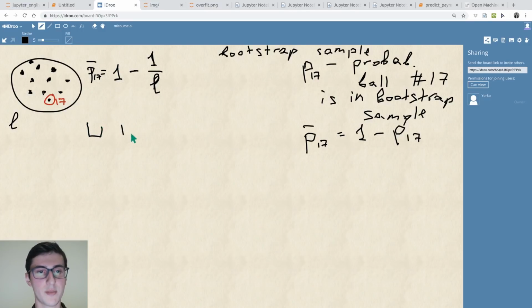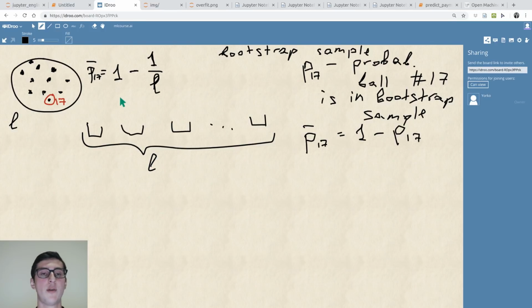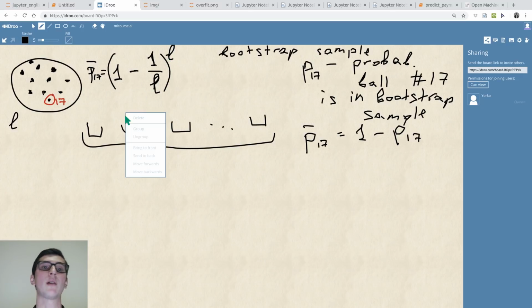But you see, I do this procedure multiple times, and the bootstrap sample will be of the very same length L. So I repeat this experiment L times, and these are all independent. So in order for ball 17 to be out of this sample, this event should happen L times, and all of these events are independent. So this expression goes to the power of L.